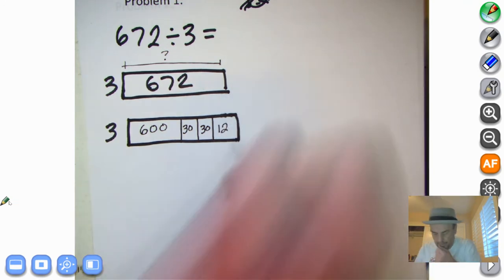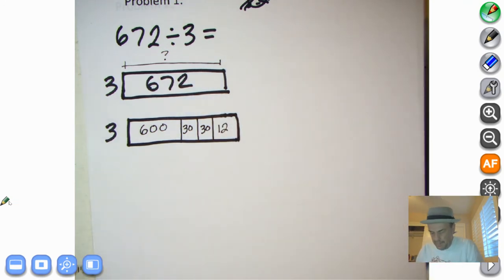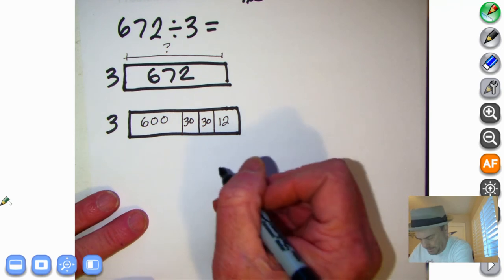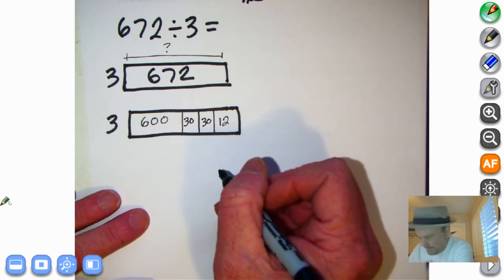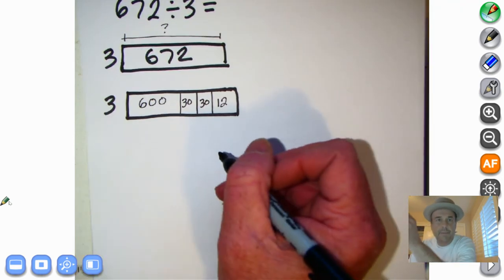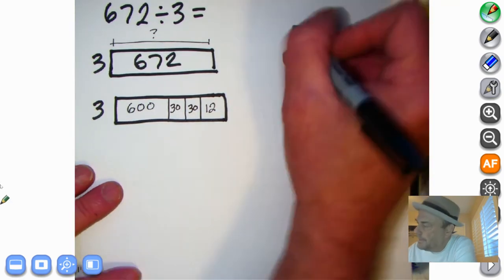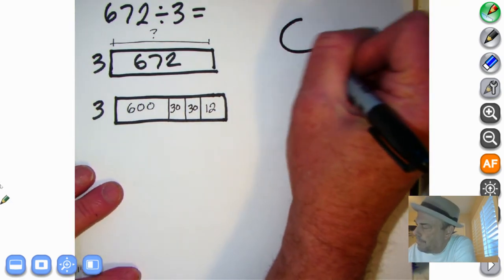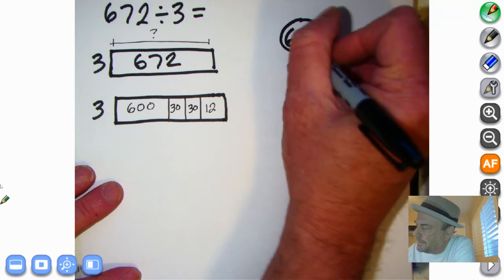All right, so now we're ready to divide. So what we're going to do is make a number bond over here, on the side. So here's our whole, 672.